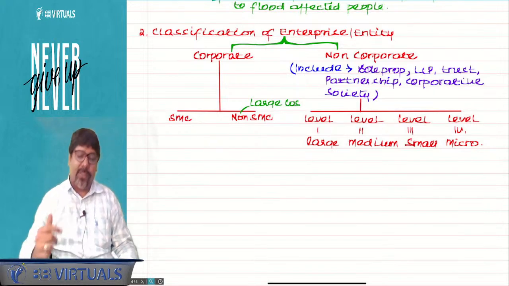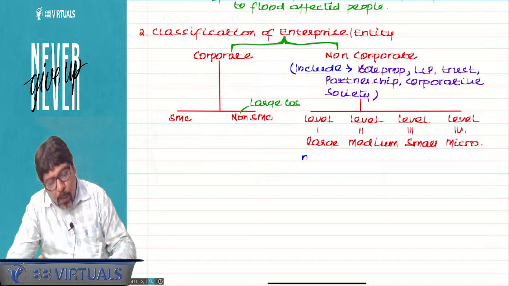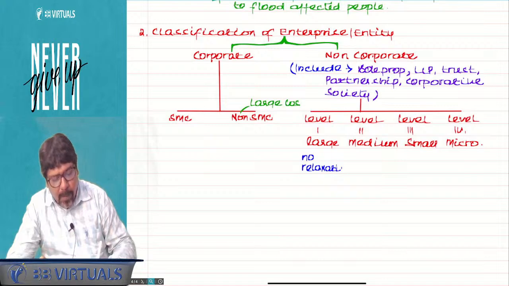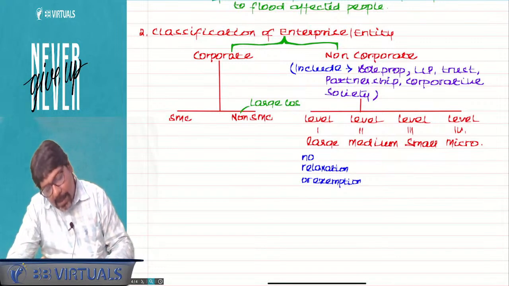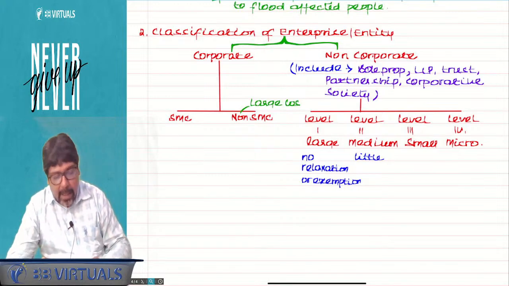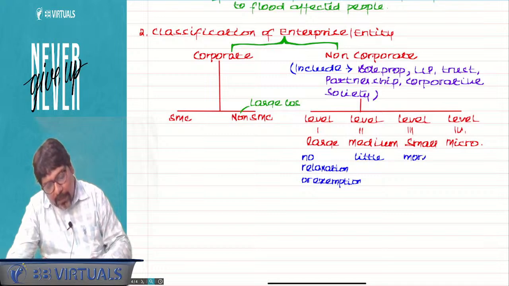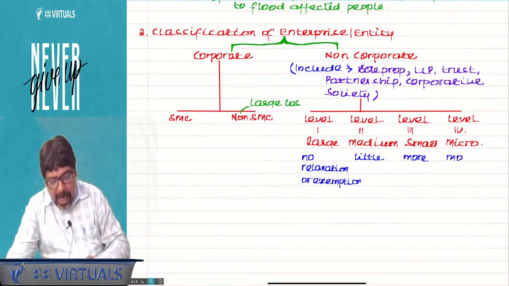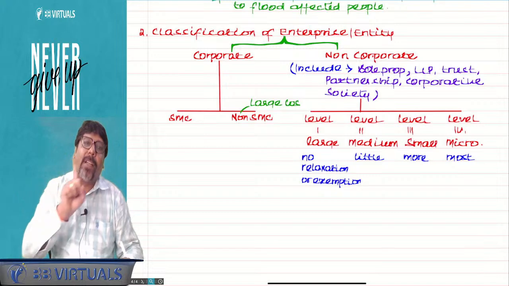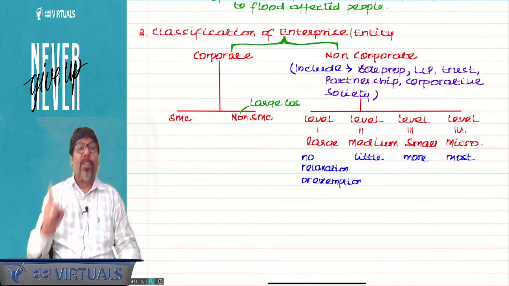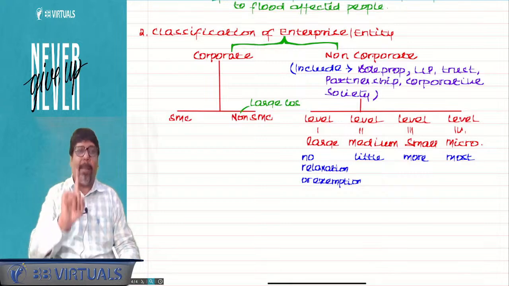And micro has most relaxation and exemption. Correct? That does not mean micro mein aate full exemption. No, no. Full is only to those who are not involved in CIB. Those who are involved in CIB, they IAS is applicable.